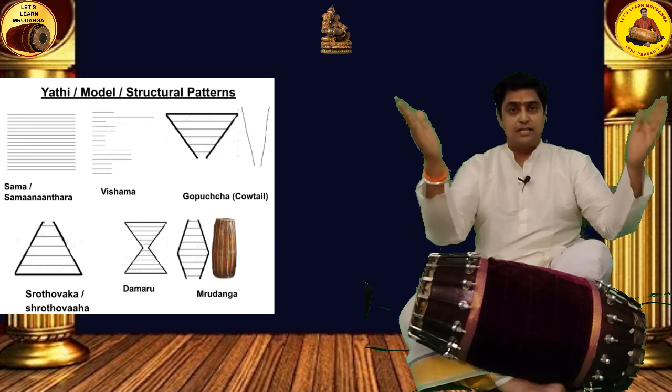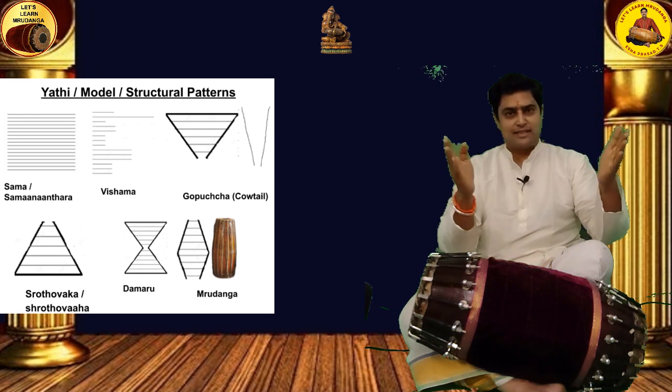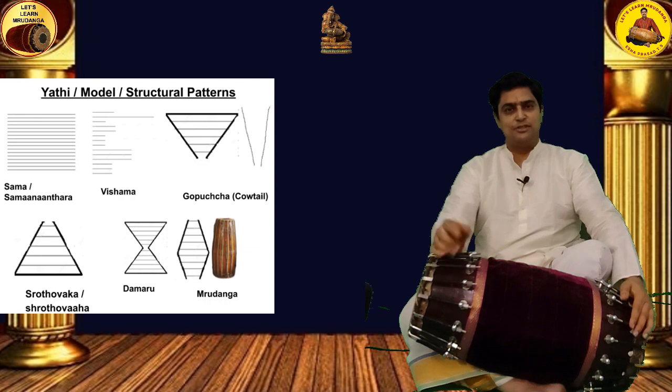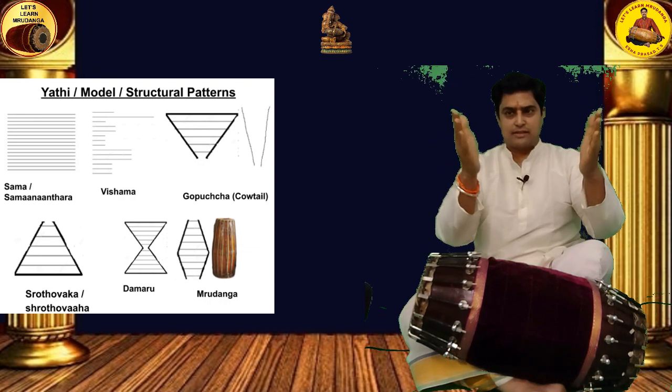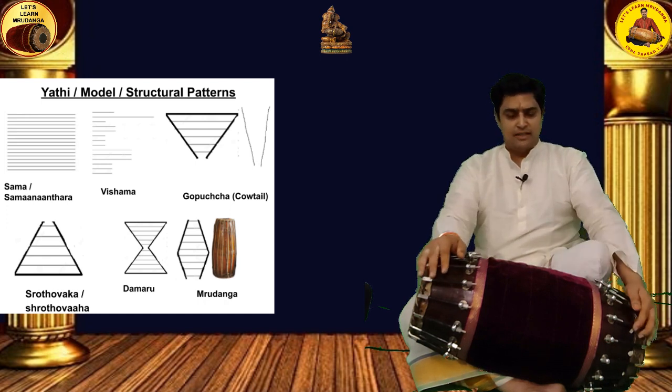Or it can be gradual decrease, say 8 letters, 6 letters, 4 letters, 2 letters, like that. So 2 letters are getting decreased, gradually becoming lesser and lesser. This is also called Go Pucha Yati. Go Pucha means cow's tail.